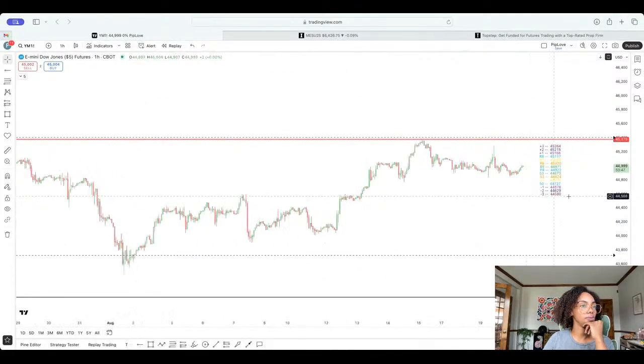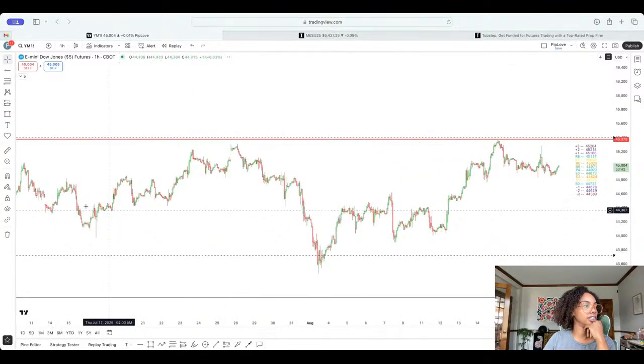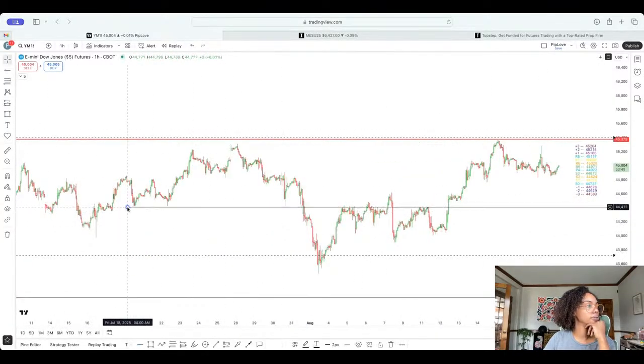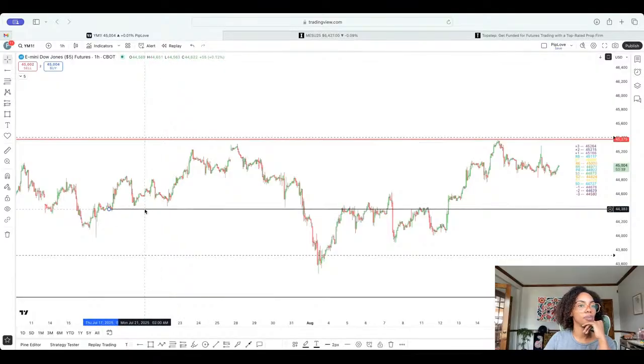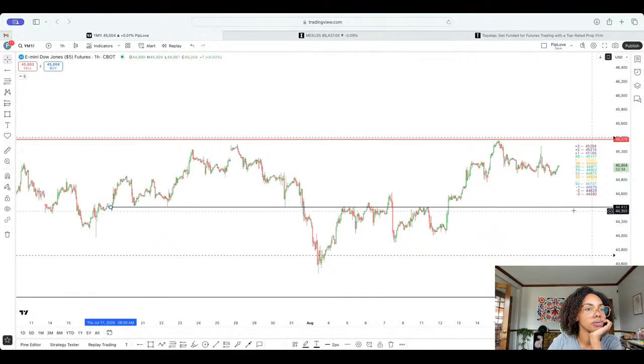All right. Okay, so if you wanted to, for instance, this level, this price point, 44,400, kind of just around this level.